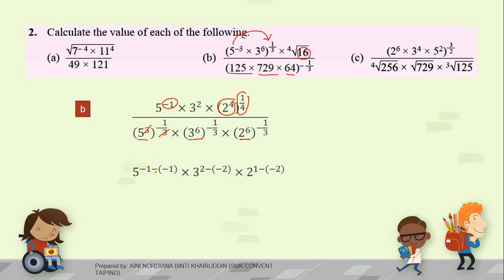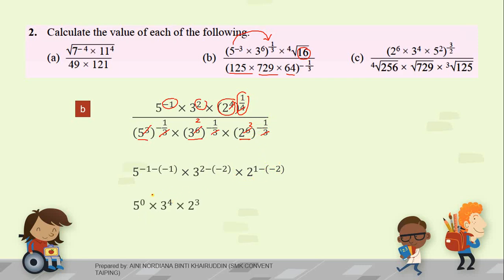So negative 1 minus, in bracket, negative 1 times 2, minus negative 2 here, times 2 to the power of 1 minus negative 2 here. So this is 1 minus negative 2.